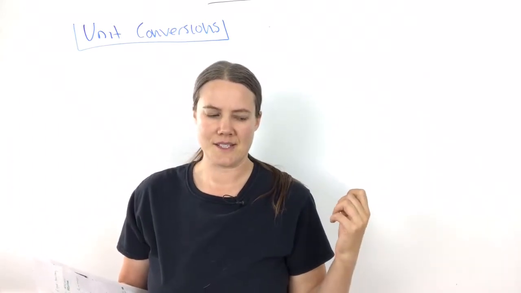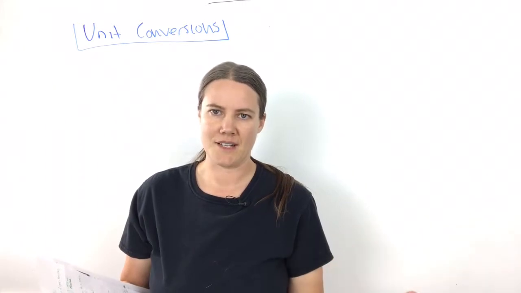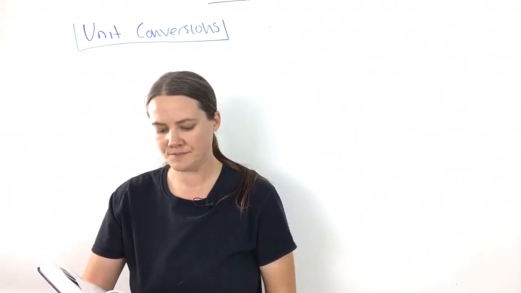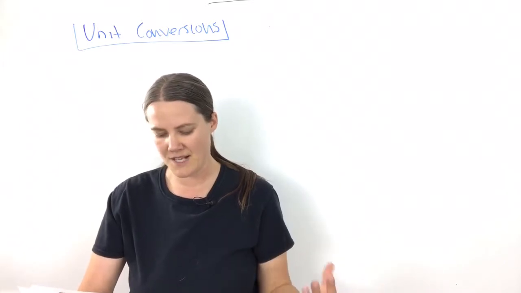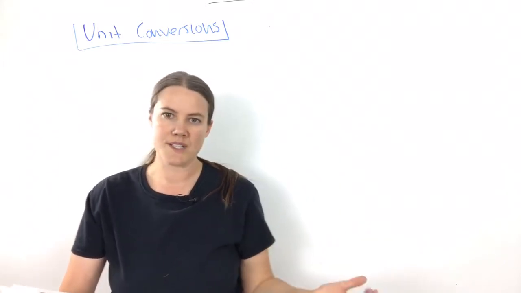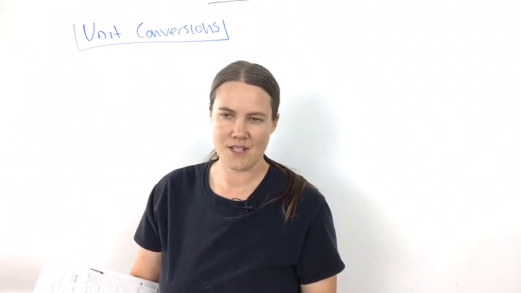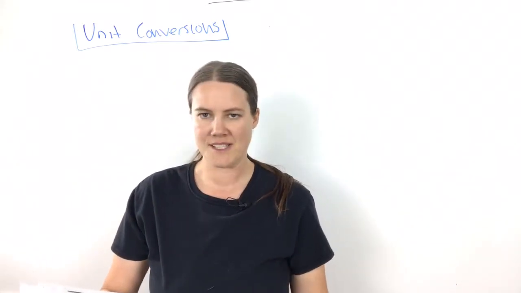I think it's important to know how to do them by hand, even though Google will calculate almost all of these for you. It's also important to know where to go to find the conversion factors that you need, because you're probably not going to have every single one memorized.